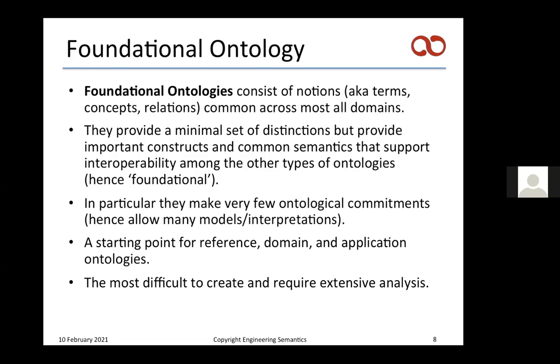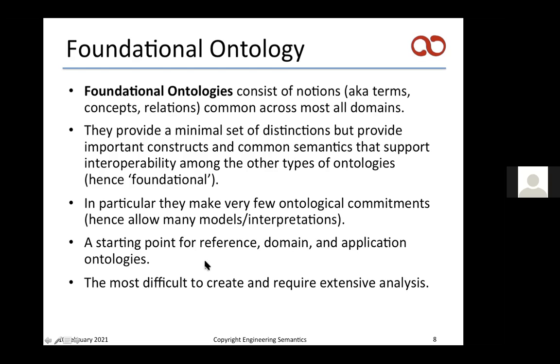I'll say a little bit about how you use them later on. I know there's controversy about the value of foundational ontologies. But in particular, a foundational ontology, in its use of minimal distinctions, makes very few ontological commitments. Hence, they can be extended as needed. On the flip side, they allow many models or interpretations of their notions, which is good and bad.